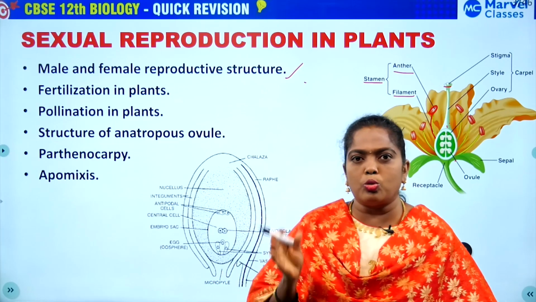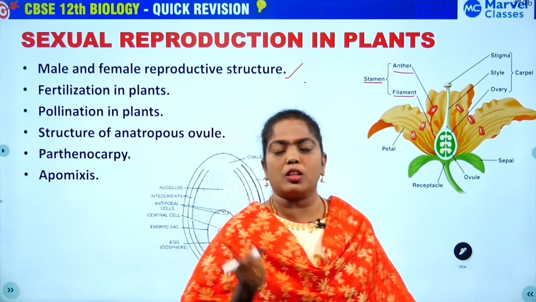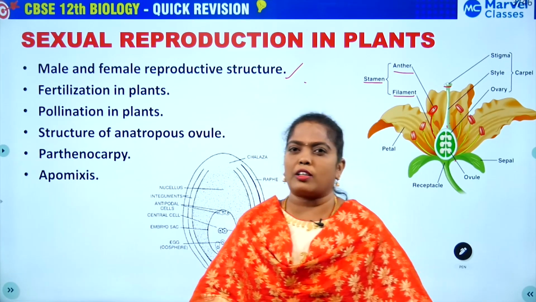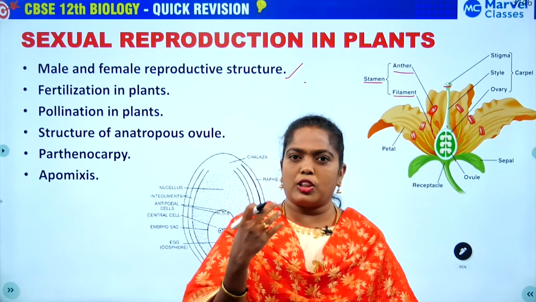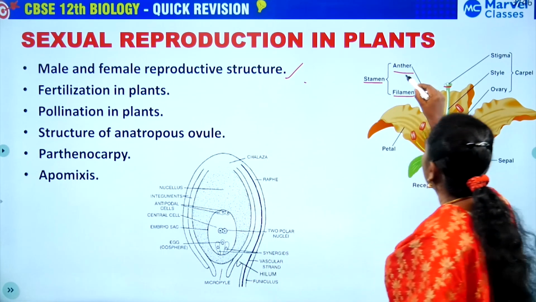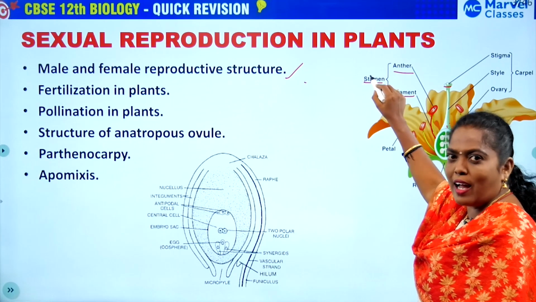When you are going to write a paragraph question, say for example a 3-mark question or 2-mark question, if they are asking you to explain the male or the female reproductive structure, just try to give some side headings. If it is male reproductive structure, you can say androecium. So you can tell about the stamen, a whorl of stamens will form the androecium.